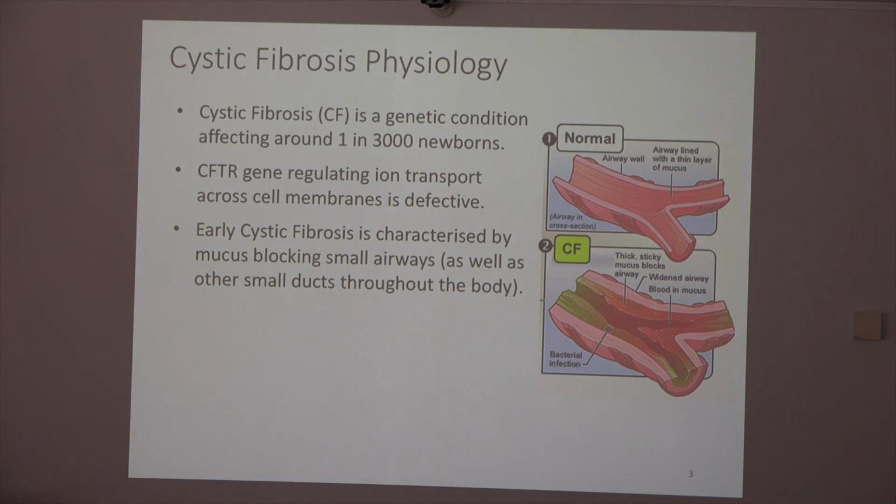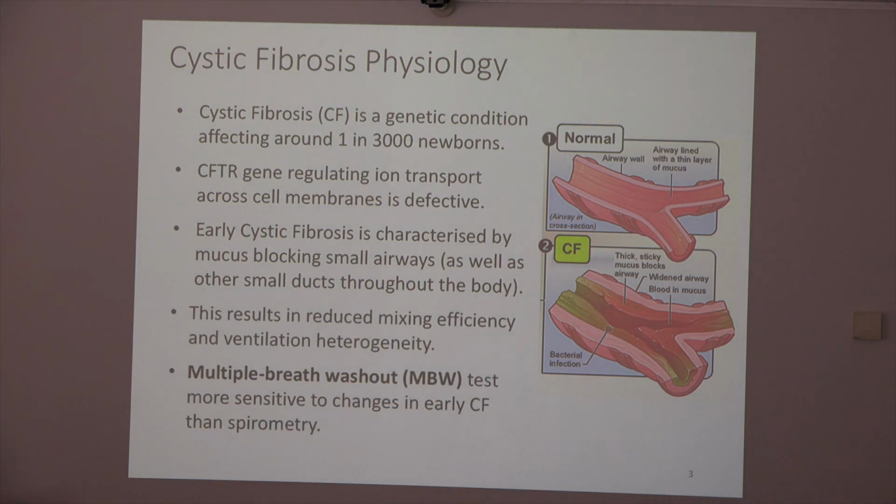The mucus builds up, and instead of being a defense against pathogens, it becomes a really nice environment for bacteria to live in and colonize, and it's really difficult to remove infections once they take hold.